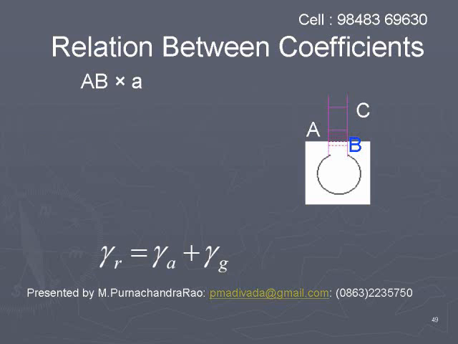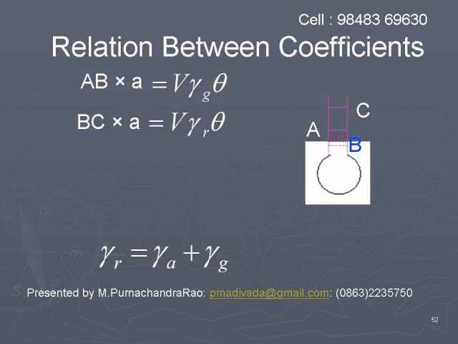Then AB into A, the increase in volume of the container, is given by capital V into gamma g into theta. BC into A, the real increase in volume of the liquid, is equal to capital V into gamma r into theta.